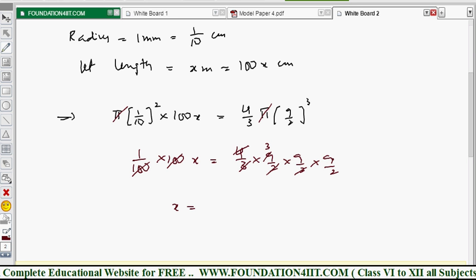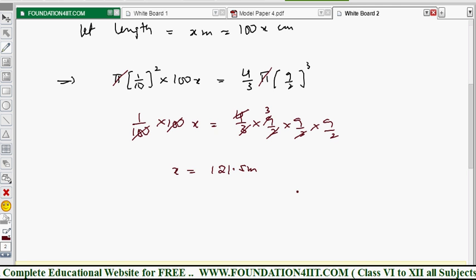Then 3 into 9 by 2, that is finally 121.5 meters, because divided by 2. So the length of the wire is 121.5 meters, because x was taken in the form of meters.